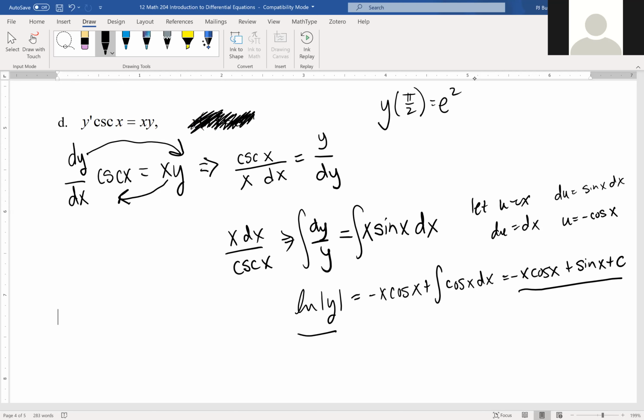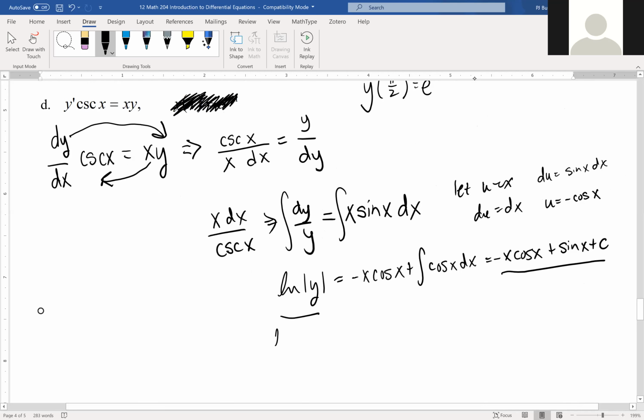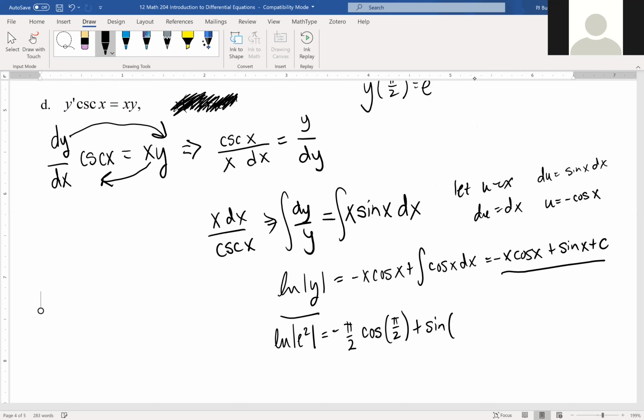So if that's our initial value, then we would plug in, this would be natural log of e squared. And over here we would have minus pi over 2 cosine pi over 2 plus sine pi over 2 plus c.